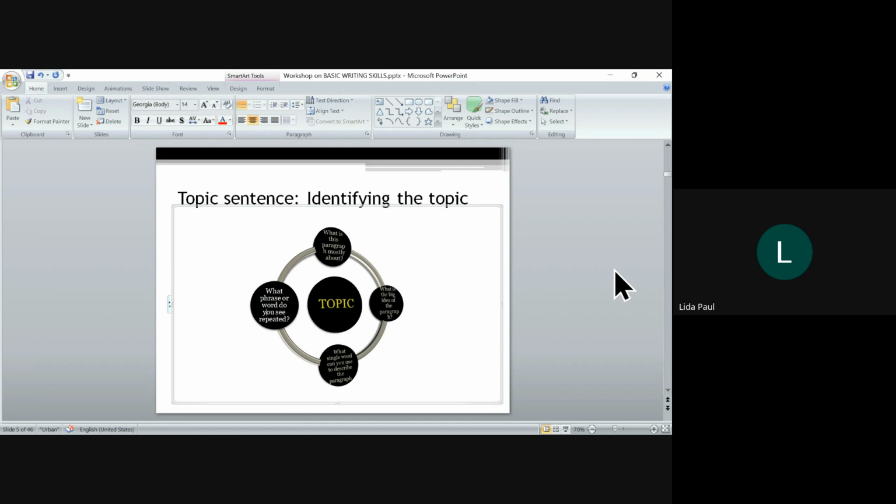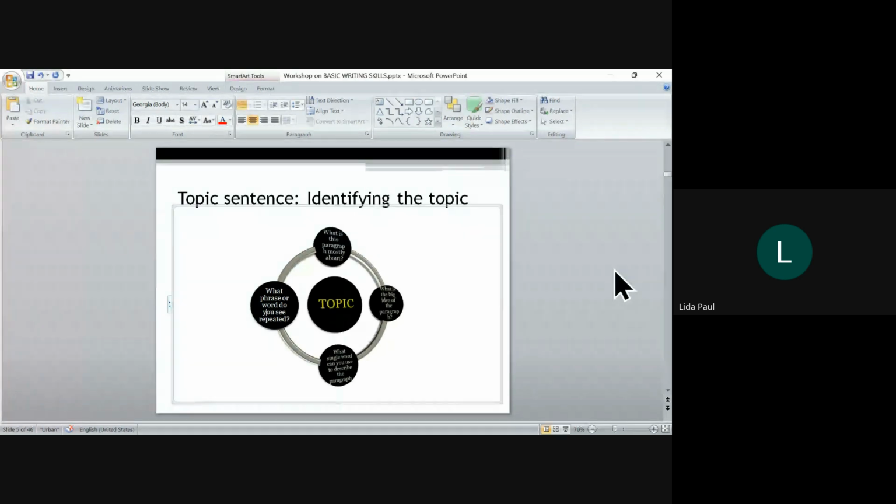Second, what phrase or word do you see repeated often? What is that particular word or phrase that is being repeated at least twice, thrice, or maybe sometimes more than that in the given paragraph? Why are we doing this exercise? Because if something is oft repeated, then most probably that is the topic in question. Otherwise it won't be repeated.